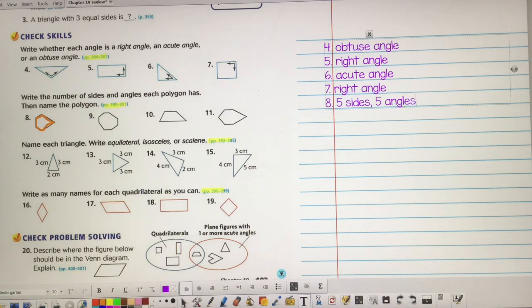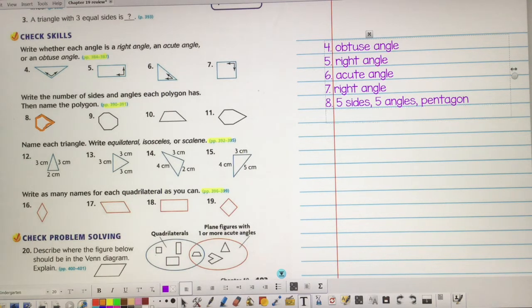But then I need to go back in and look on page 390 and figure out what would be the name? I'm looking for 5. When I look that up, it's showing it is a pentagon. Remember, I found that answer on page 390.